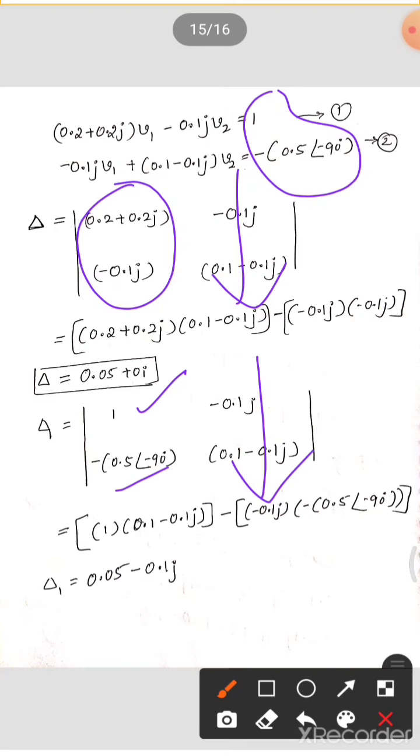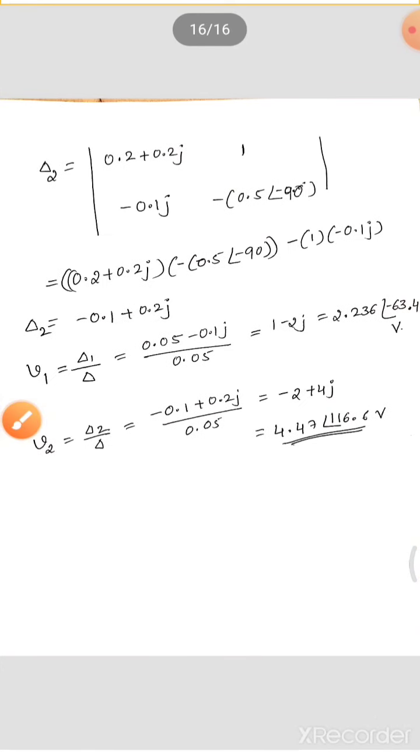Let's take its determinant: first term is this into this, and next minus this into this term. You can take it like this also, minus 0.1 times minus of 0.5 at an angle minus 90 degree. Be careful about this minus sign. Once you do, you will get delta 1 equal to 0.05 minus 0.1j.